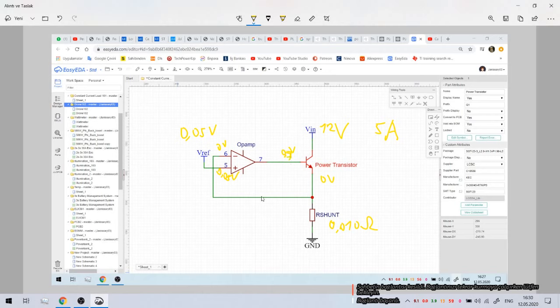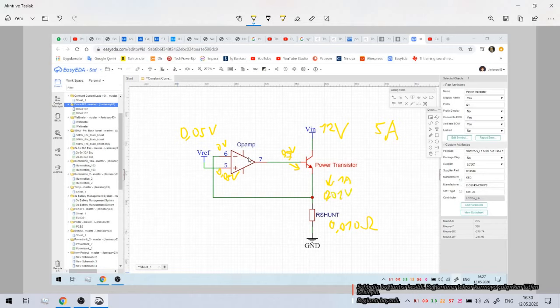0.7 volt, some current crossing here. Because of that, this voltage will increase. Say maybe 1 amp flowing here, 0.01 volt.